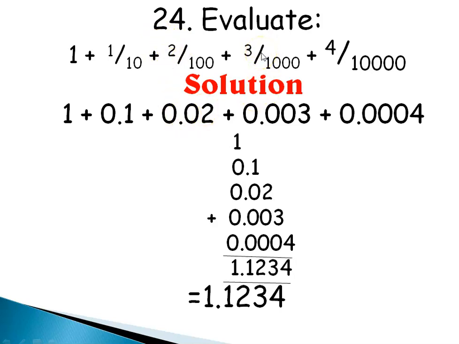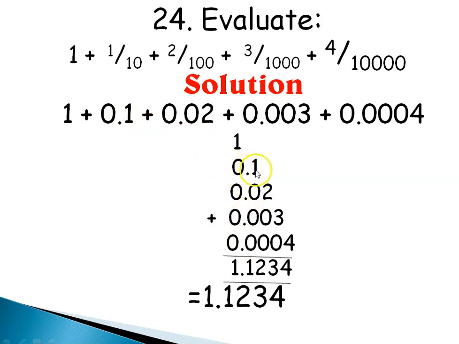Okay, this will give me 0.003. This will give me 0.0004. So for me to add, I just need to ensure that I'm arranging properly. This is the same thing as saying 1.0000. Now make sure all your decimals are aligned.